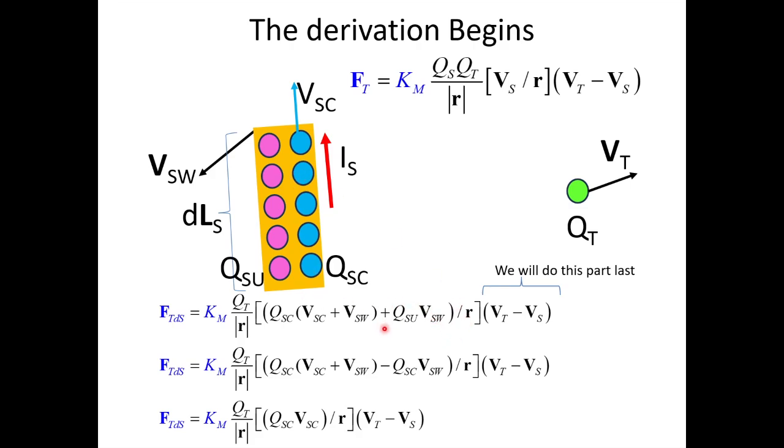Okay, then we replace that the Q of the uncovered charges in the source are equal to the negative of the QSC, and this whole kit and caboodle resolves down to this. Now we're going to put this part in later. This requires us to understand something. This is actually a derivative of r, and this has to be handled a little bit specially here. And that's our derivative of r, essentially.